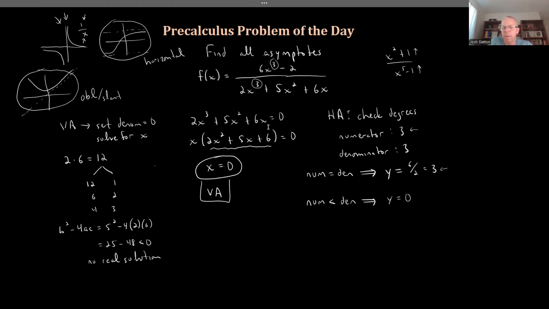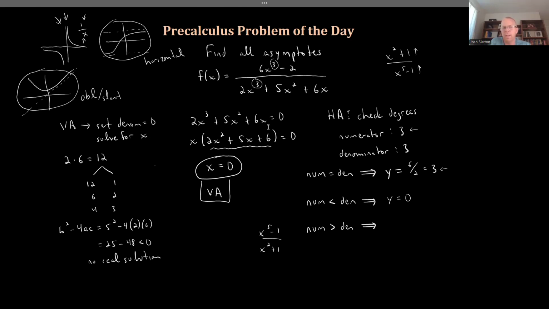The last possibility is if the numerator is bigger than the denominator, then you have the opposite happening. So we'll just flip that one. You can imagine if this goes to 0 as x gets really big, then this one has to go to infinity as x gets really big.